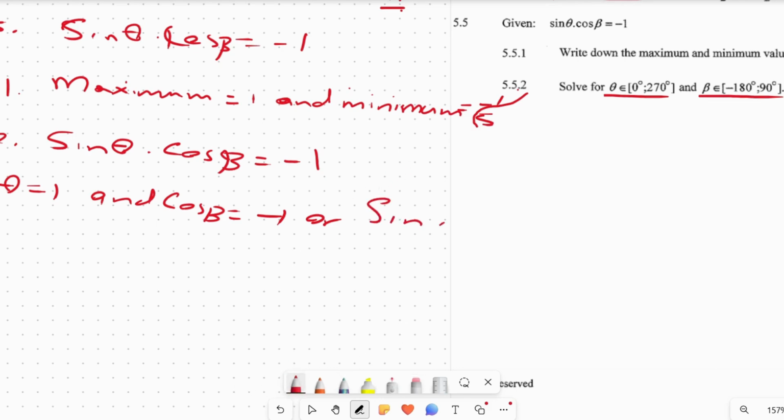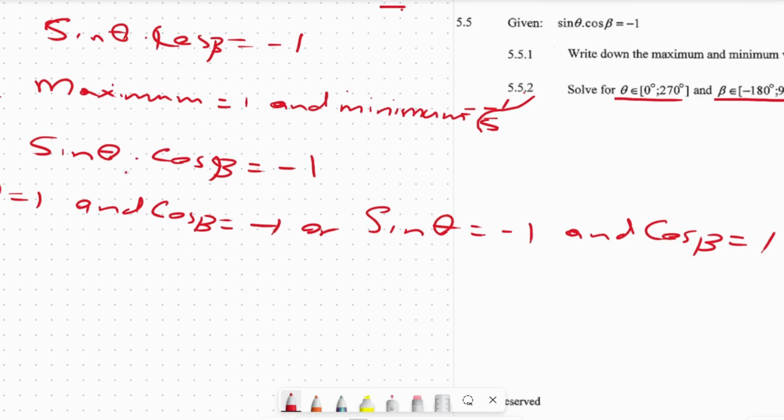So this is only possible for these two to give you -1: when this one is negative and this one is positive. If this one is positive, then this must be negative, and if this is negative, this must be positive.